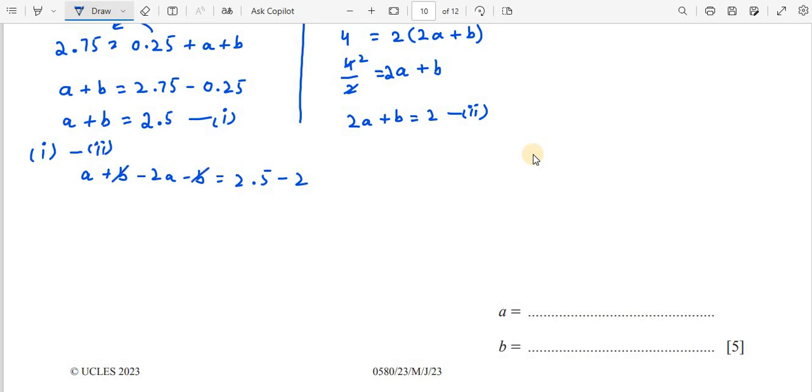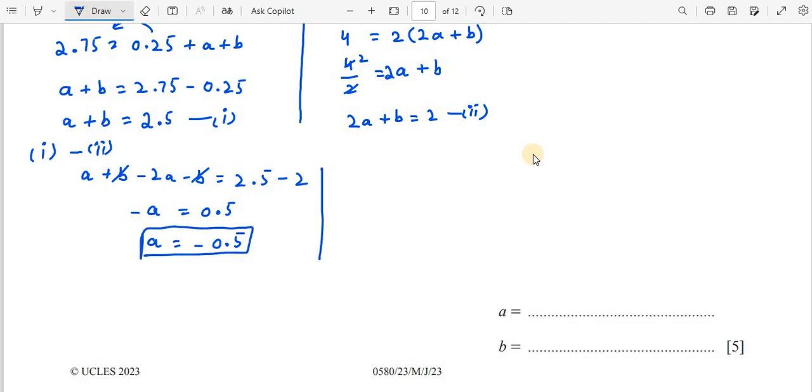The b minus b cancel with each other. So a minus 2a is equal to minus a, and 2.5 minus 2 is equal to 0.5. So a is equal to minus 0.5. This is the value of a.